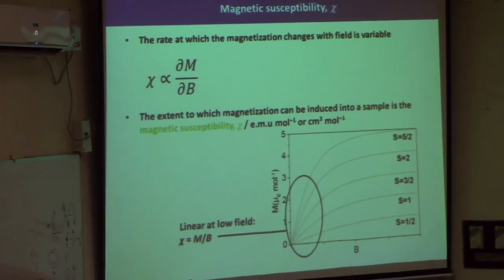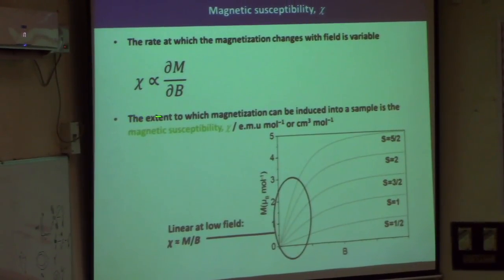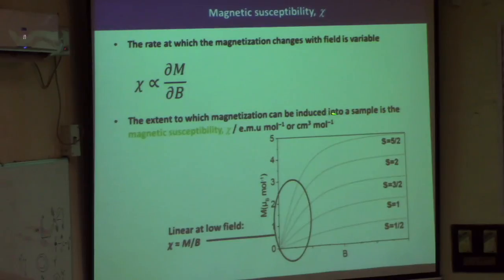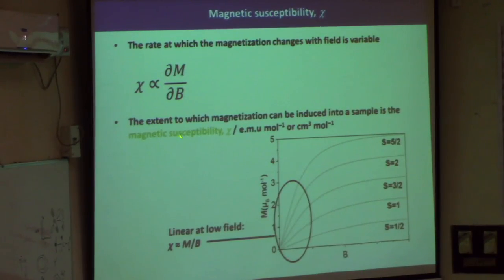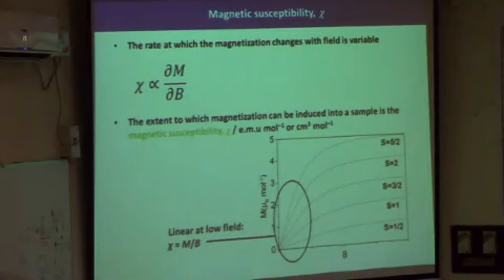Mathematically, this is the strict definition, but in terms of a more convenient phraseology, the extent to which this magnetisation can be induced in a sample is said to be the susceptibility. Okay? The extent to which your sample is susceptible to a magnetic field. The units are EMUs per mole, electromagnetic units per mole, or more commonly centimetres cubed per mole, which may seem slightly unusual, but for some reason it may seem to be so.